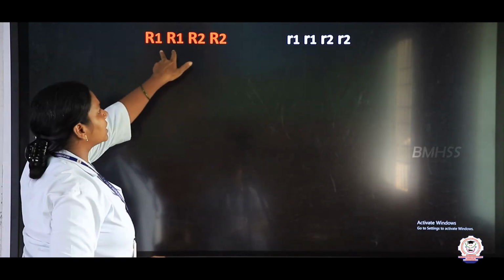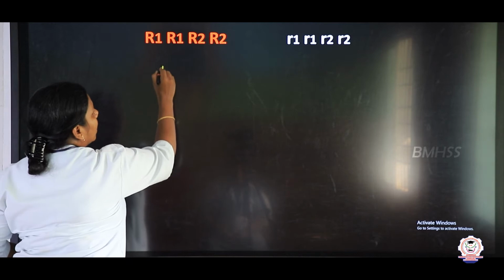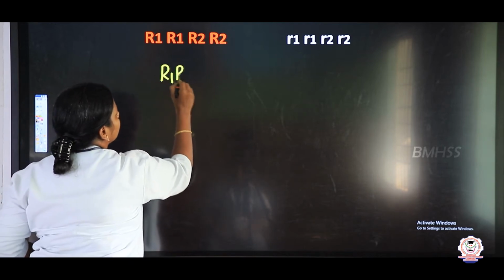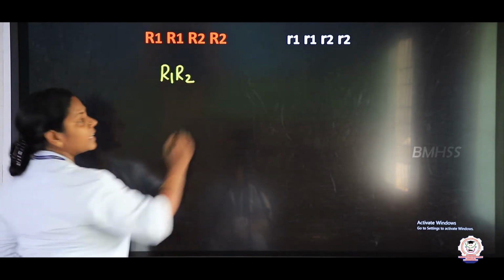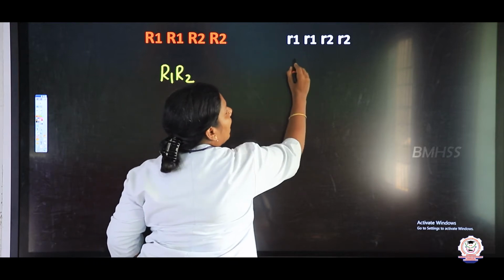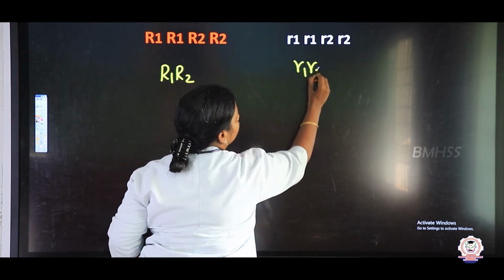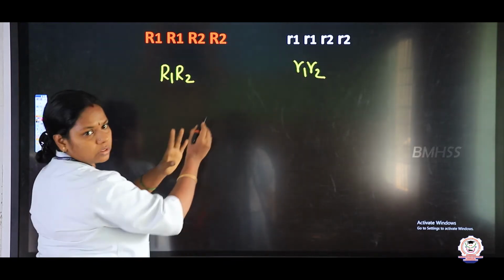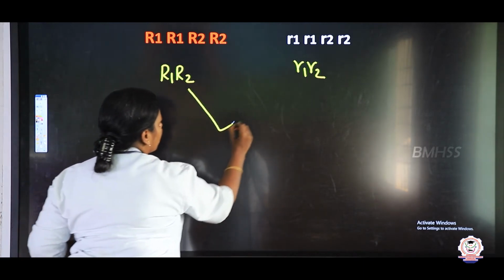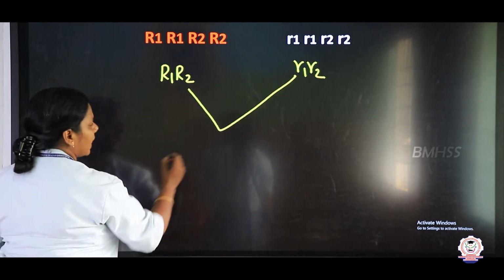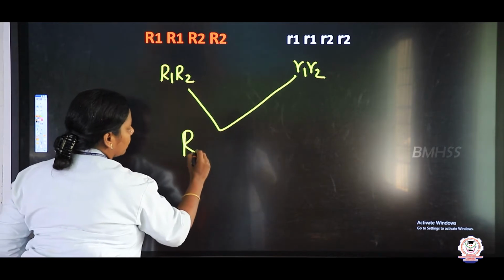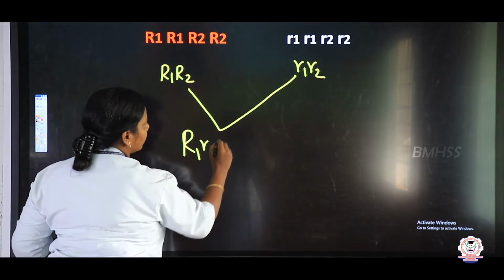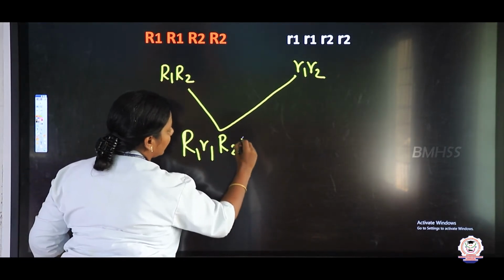Here what are the gametes? R1 R2, and here what will be the gamete you will be getting? r1 r2. And when they were crossed, what do you get? You get R1 r1 R2 r2.